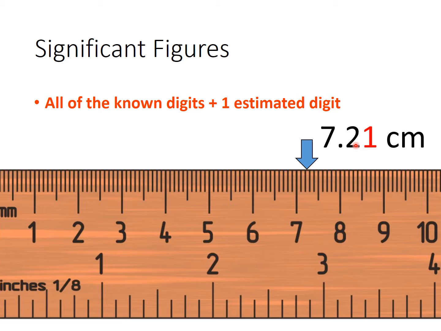And we don't want that. The 0.2 is not uncertain. We need to show that we can read between the lines. So if it had been on that line, we need to show 7.20 to indicate that hundredths place and say that we're measuring with enough detail that we know that hundredths place.